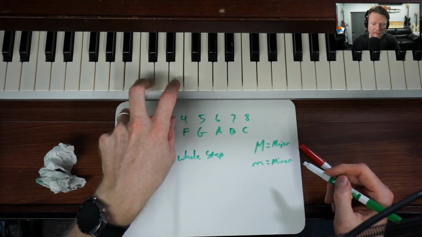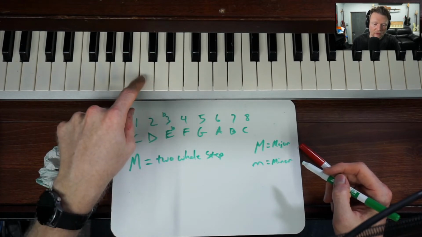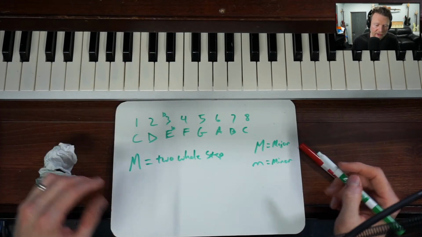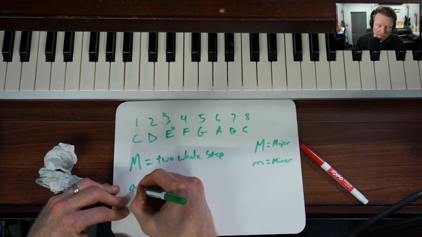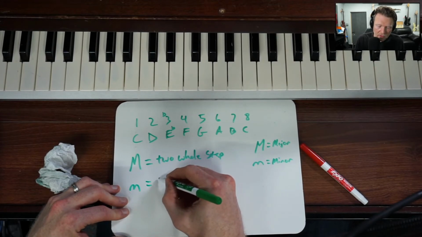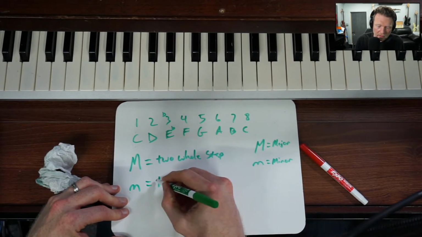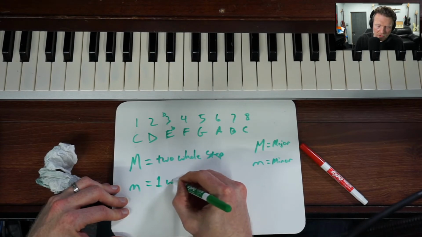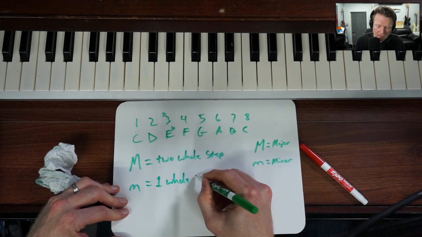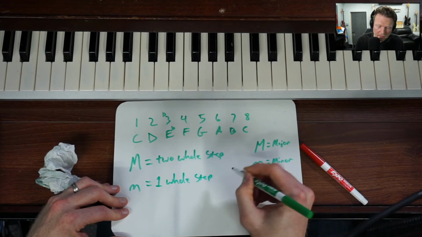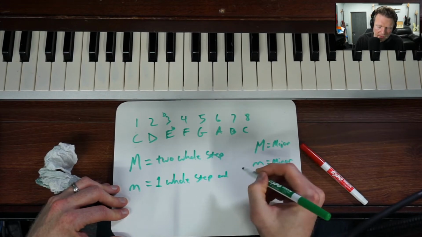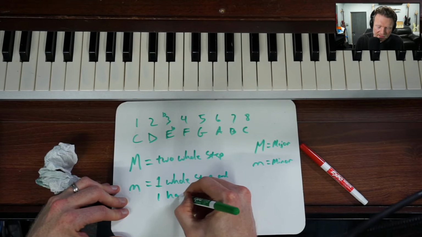There's the jump. So a whole step and a whole step. Very, very good. So a minor third is equal to 1 whole step and 1 half step.